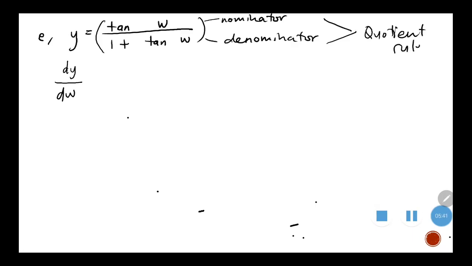Okay, so what is the formula for quotient rule? It should be vu prime minus uv prime over v square. Okay, now let's determine what is u and what is v.